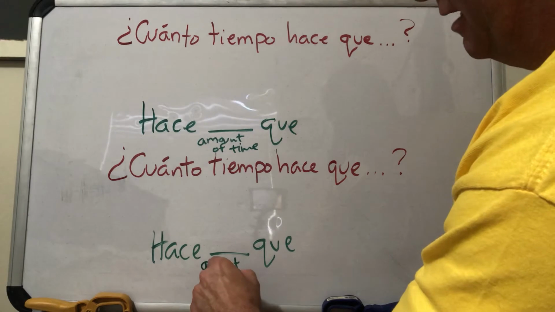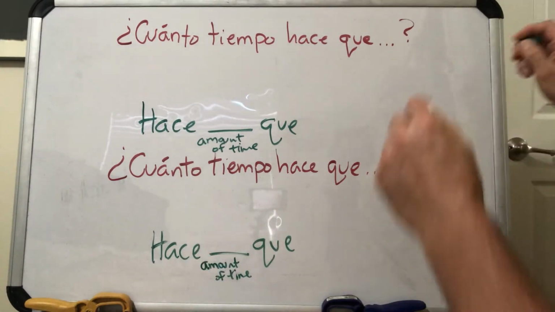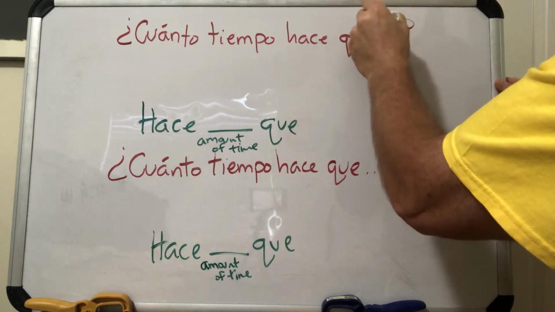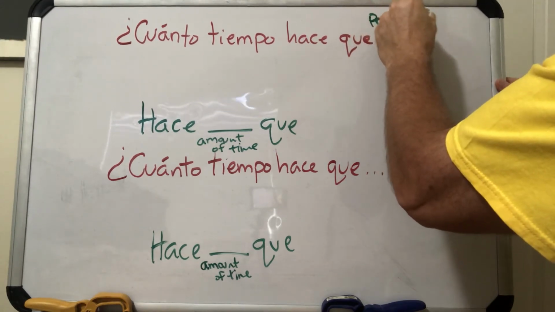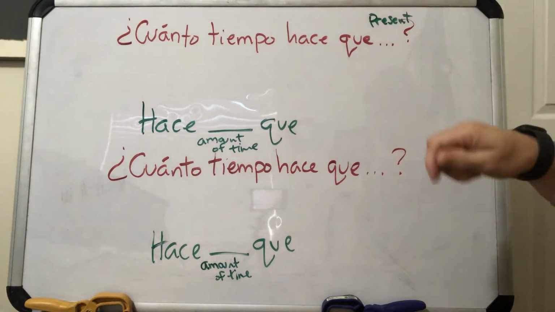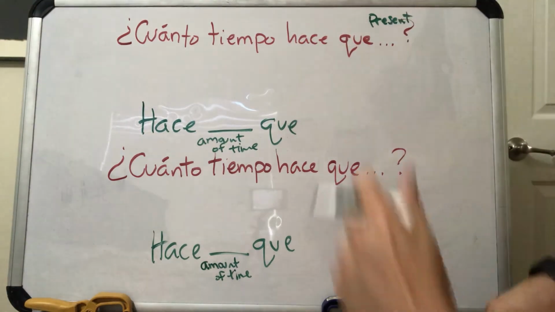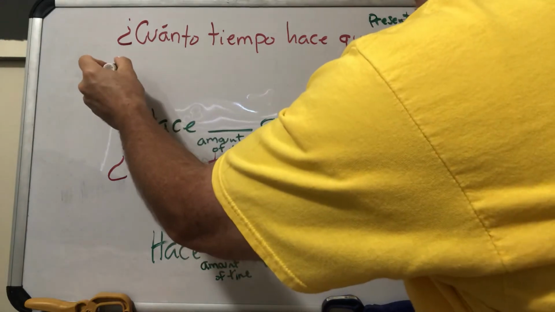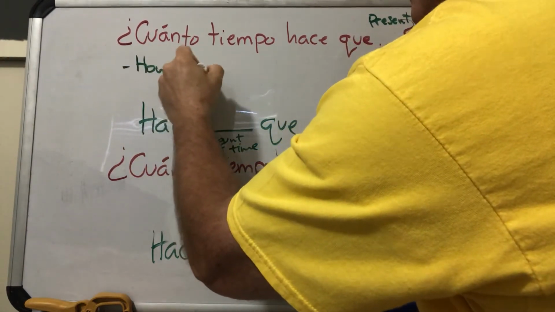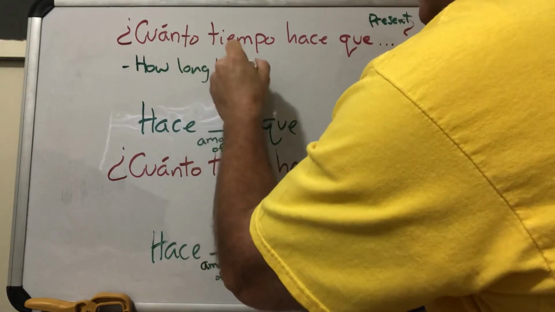Okay, now let's talk about what they mean. This question here, whatever comes next will be in the present tense. So when your question starts off with cuánto tiempo hace que, and then the verb is in the present tense, the question is asking how long has this been going on?